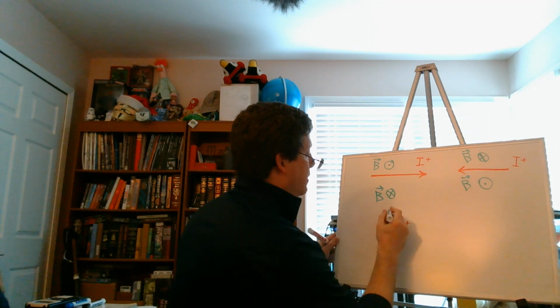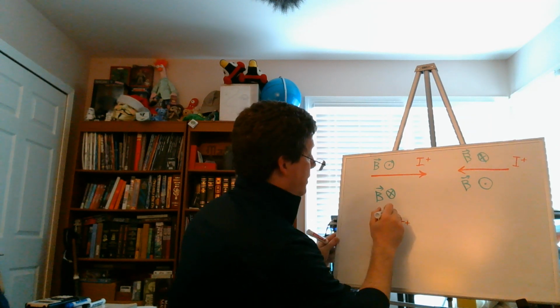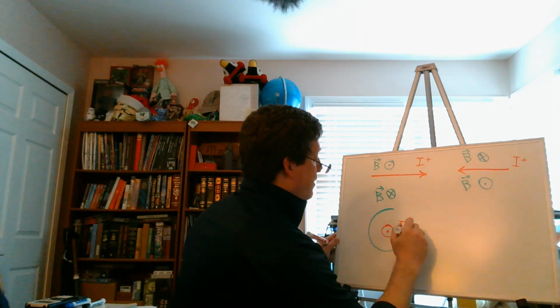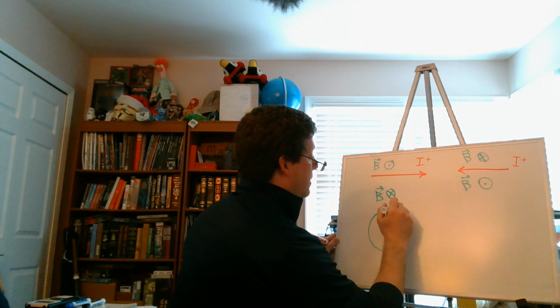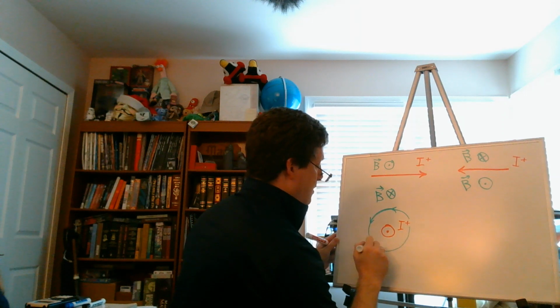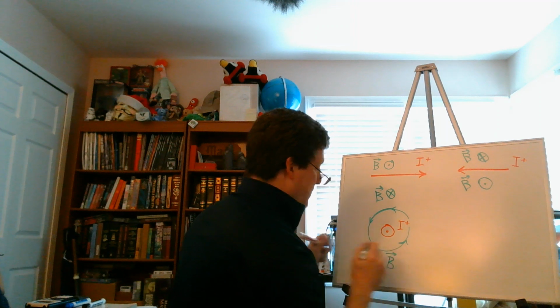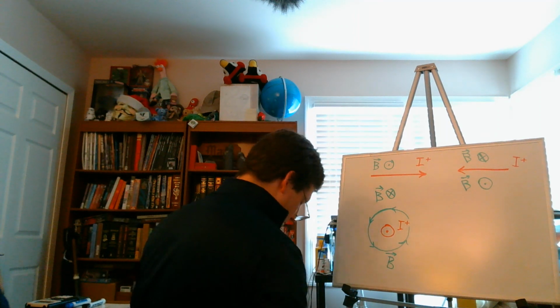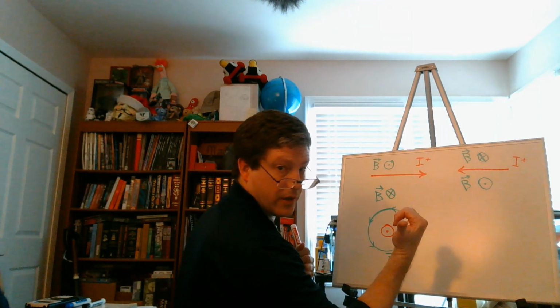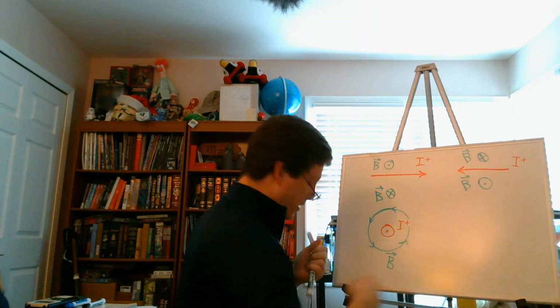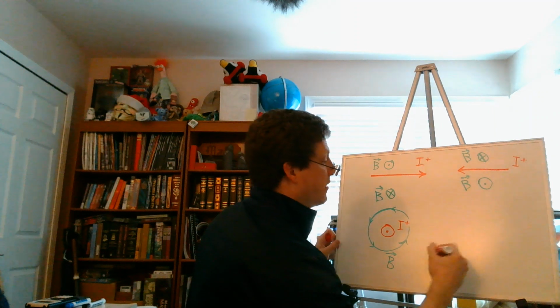That magnetic field will, as you've seen in the videos, wrap around the wire in a circle like this. And if you flip the direction of the current through the wire like this, then you get a clockwise magnetic field generated.